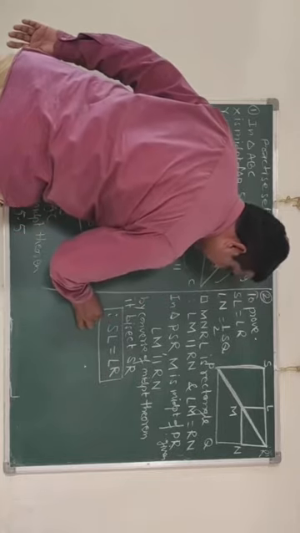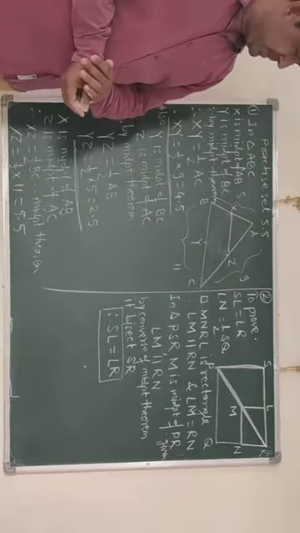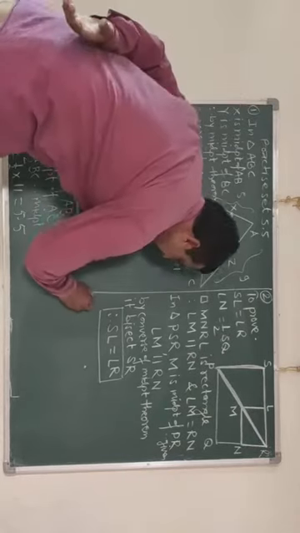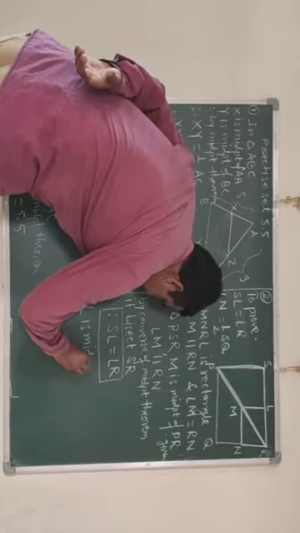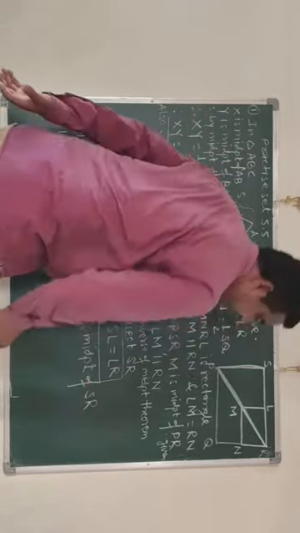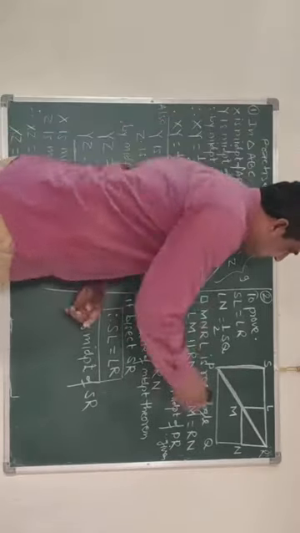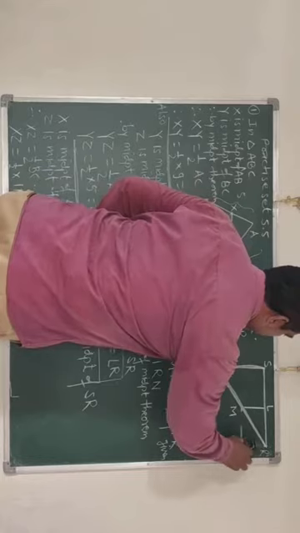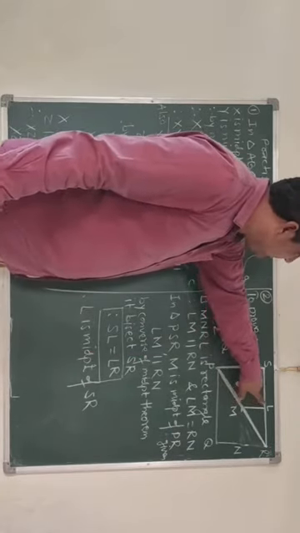That means you can say here is the midpoint of SR. So here, by considering this upper portion, here is the midpoint, ML parallel, so it bisects, that means SL equal to LR.